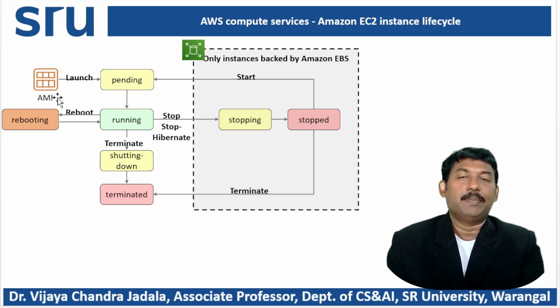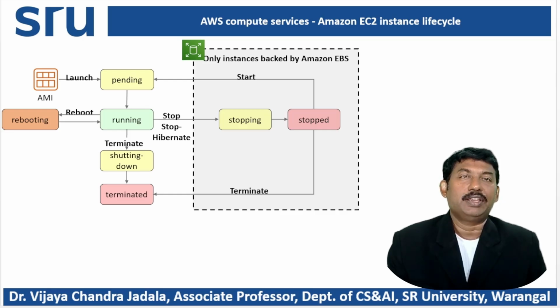It starts with the AMI, Amazon Machine Image, which provides a launch for an EC2 instance. Once launched, it will be in a pending state.